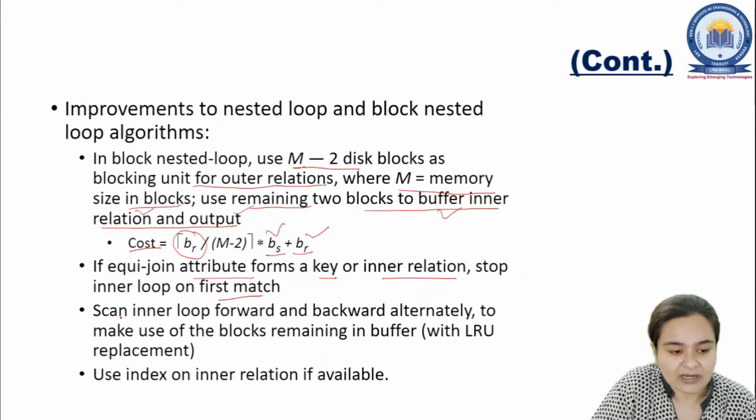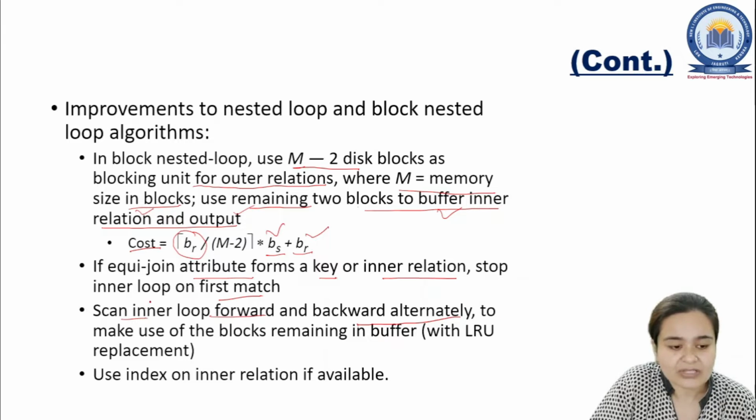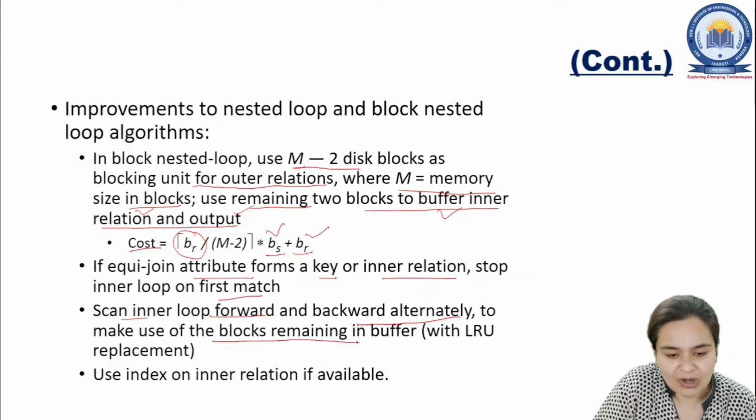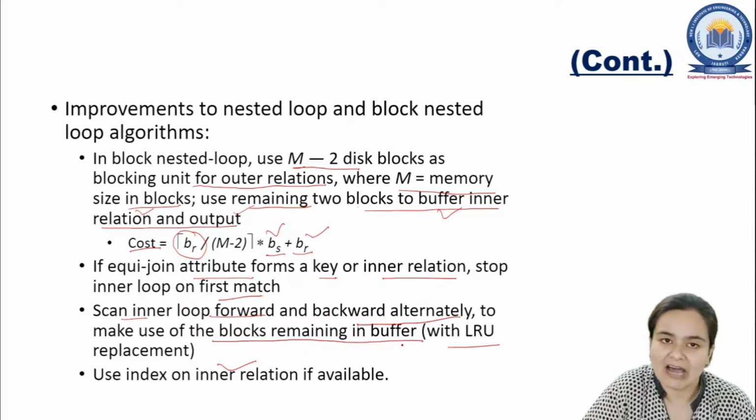We can scan the inner loop forwards and backwards alternately. To make use of the blocks remaining in the buffer, we use LRU replacement, that is the least recently used policy, and we can use an index on the inner relation if it is available to us.